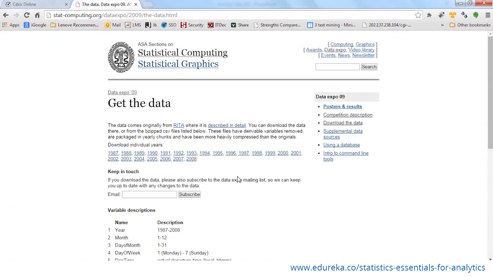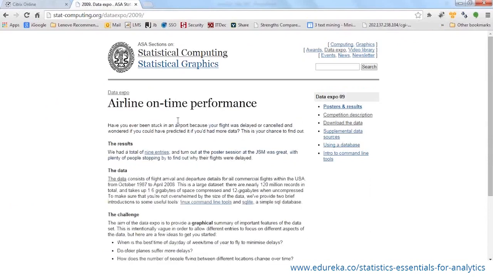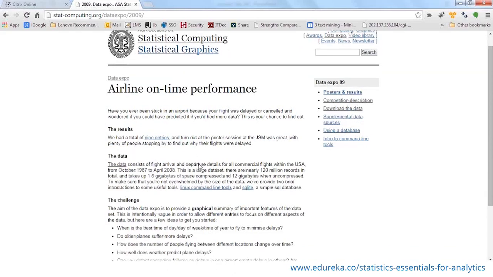This is an experiment by an institute, the Statistical Computing and Graphics institute in the United States of America. What they have done is they have a large data set. They have collected flight travel details from 1987 to 2008.